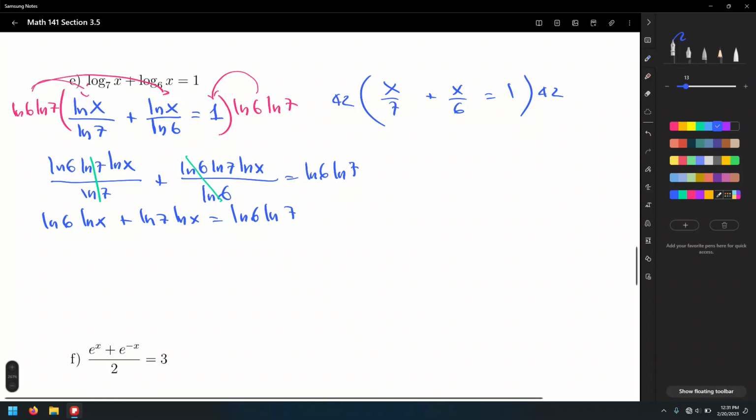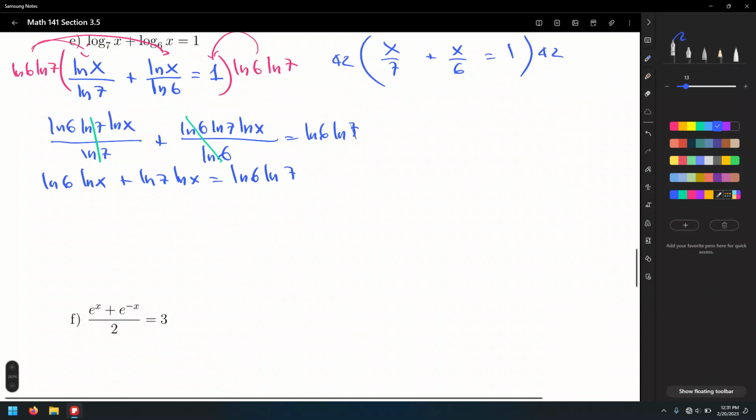What else? Well, we do this because ultimately our target is the x. We don't have any x by itself. However, we have an x embedded in a logarithmic function.